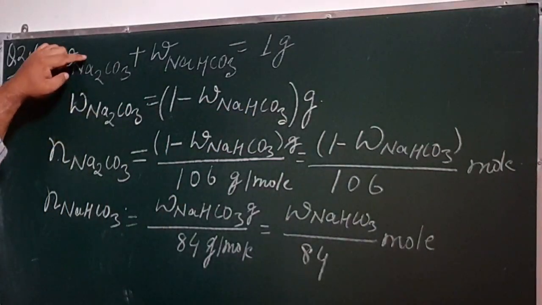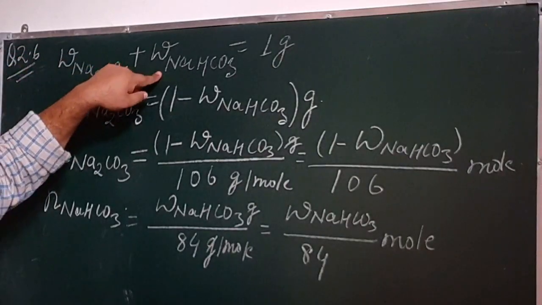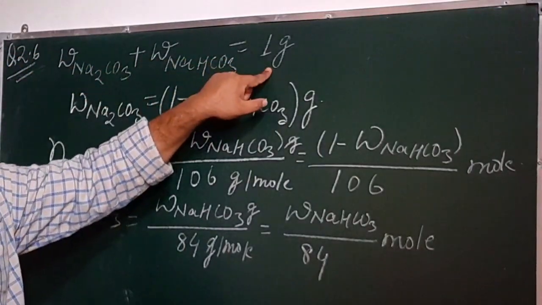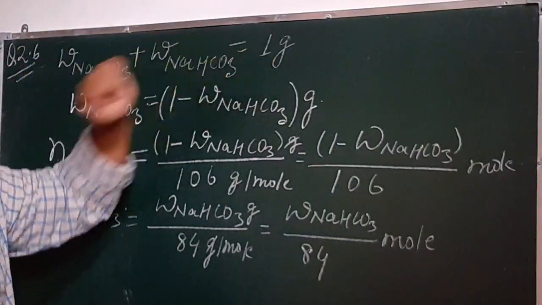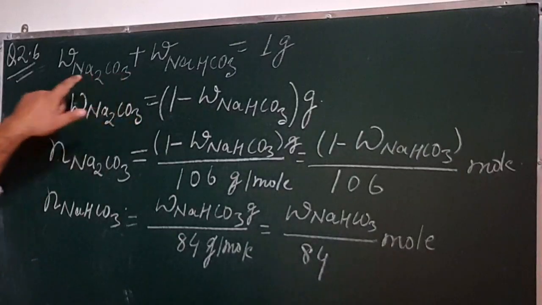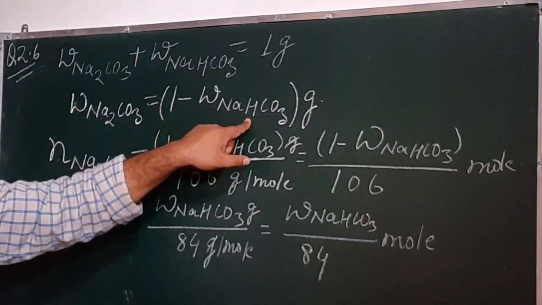You can see from this formula, mass of Na2CO3 plus mass of NaHCO3 is equal to 1 gram. This value is given in the question, that the mass of the mixture is 1 gram. From here we can calculate the mass of Na2CO3, that is 1 minus mass of NaHCO3.